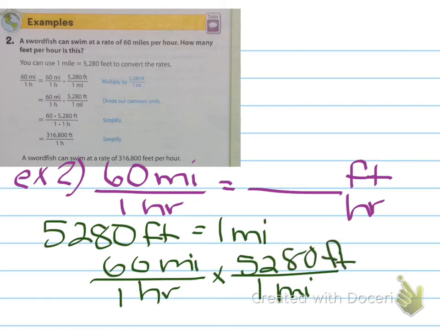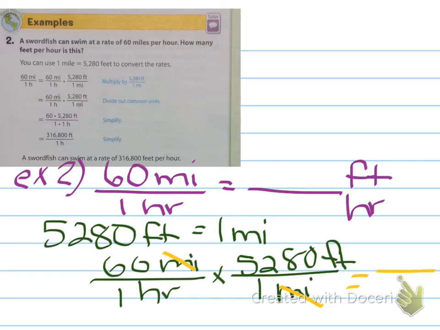So cross-simplifying out the units, in this case miles, helps determine where you're going to put your numbers and makes it make more sense. Now we just need to do our hamburger, 60 times 5,280 feet, and then 1 hour times 1.